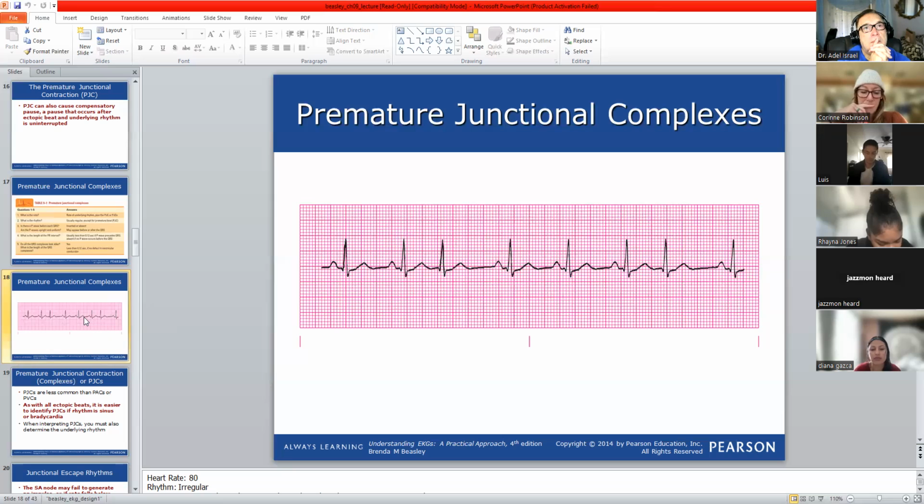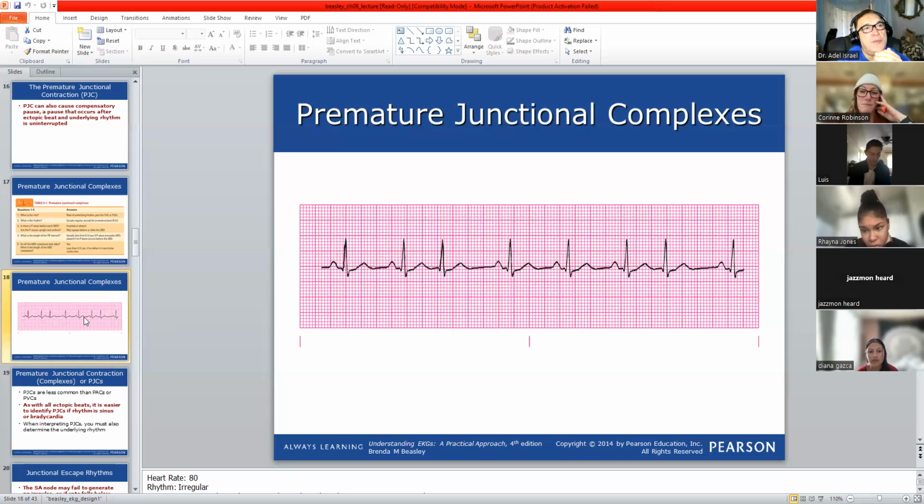So let's see, we got a rate of 80 beats per minute. Correct. The rhythm looks irregular. Very good. There's a P wave before every normal QRS complex, but I see a premature junctional complex in which there's an absent P wave.